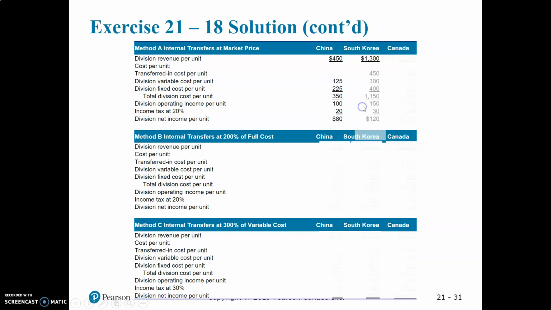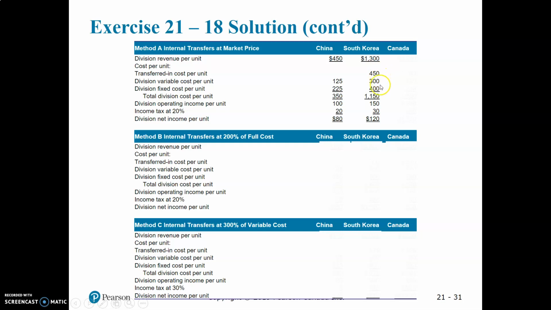Moving on to South Korea. South Korea earns a revenue of $1,300 per unit when it transfers each unit over to Canada. It incurs $450 of transfer in cost from China, getting the manufactured units from China. Then in addition to that, it has variable cost of $300 and fixed cost of $400.